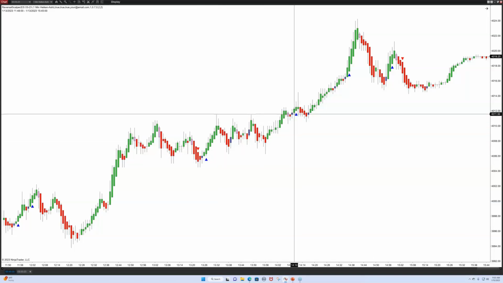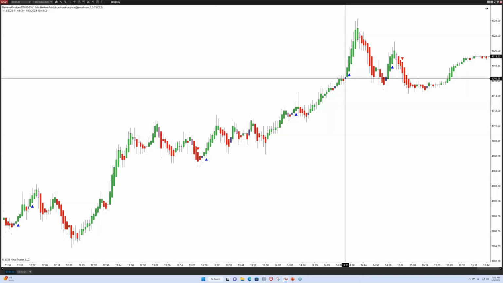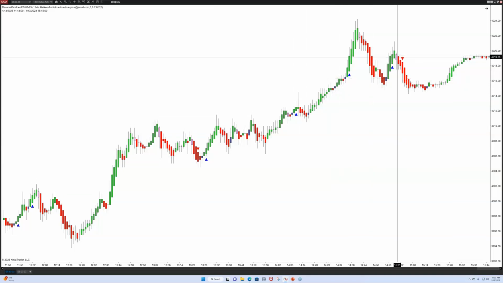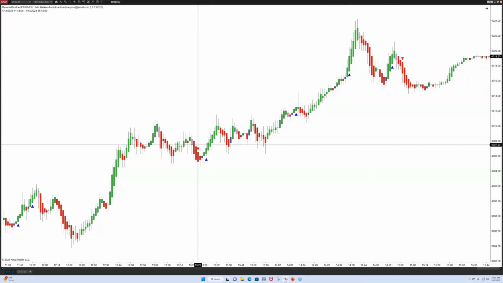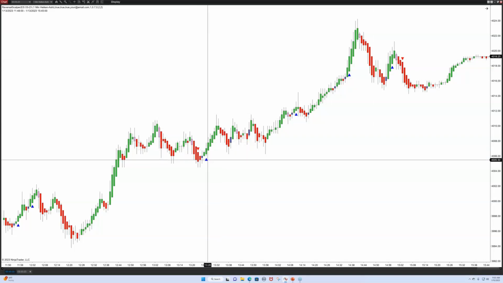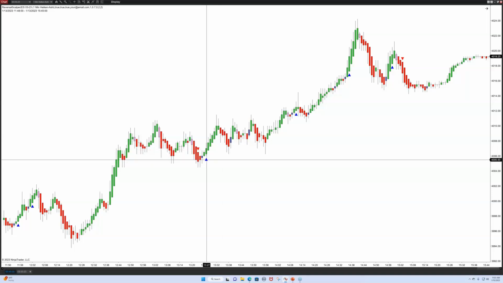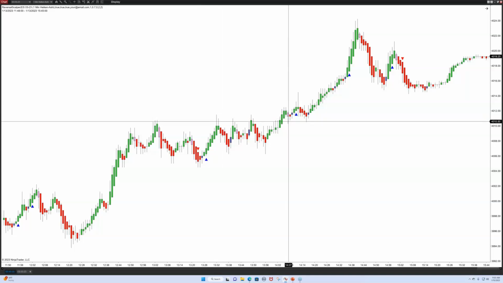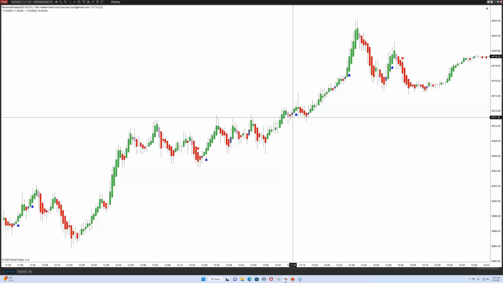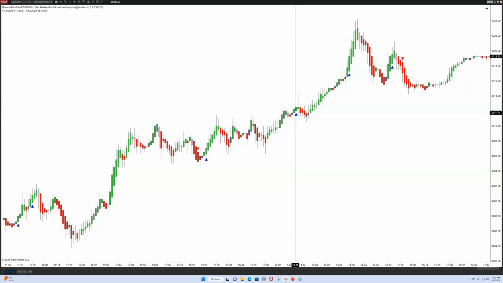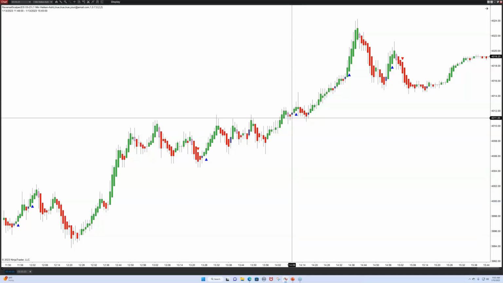The validity bar here, just as the bearish one up here. And the trade signal is the triangle down for shorts and the triangle up for longs. The validity bar is the area that you're going to place your stop behind. So if you're getting long, it's the low of this bar.